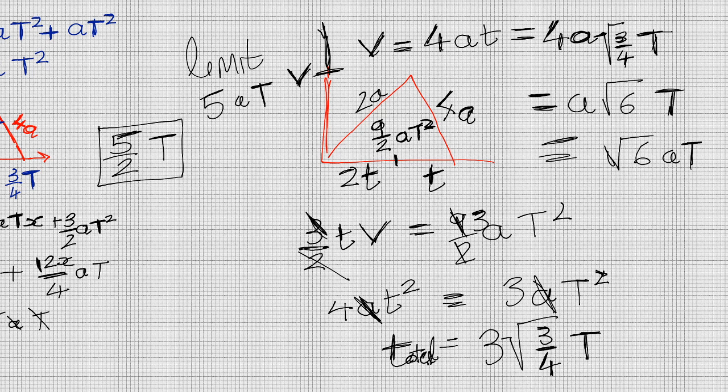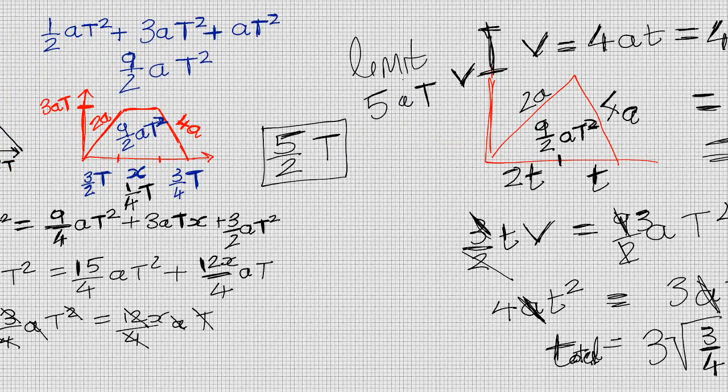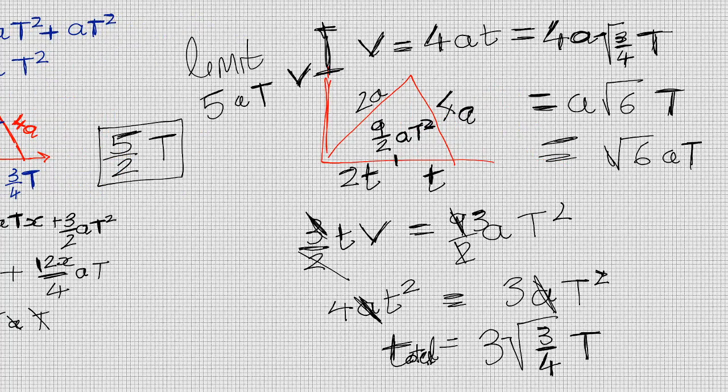So that 5at is going to be up higher. So it doesn't even come close to reaching the speed limit, because the speed limit's 5at, and in this picture here we peak at root 6at, which is definitely less than 5at. And root 6at better be bigger than 3at. Oh no, it's not.